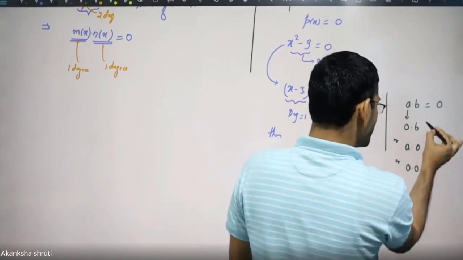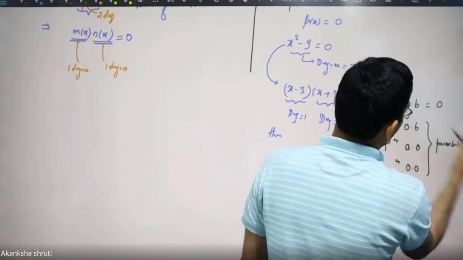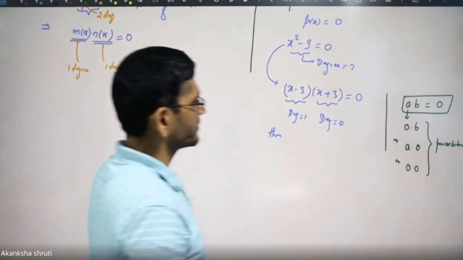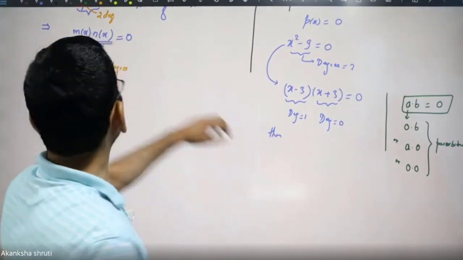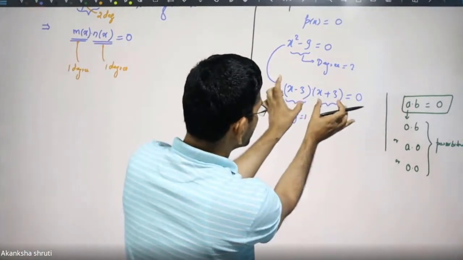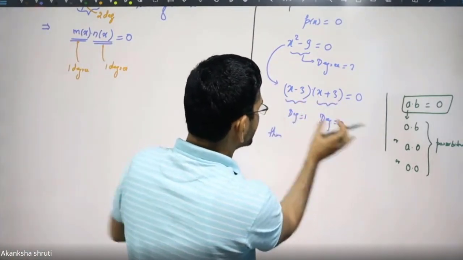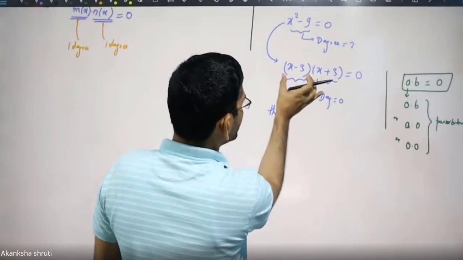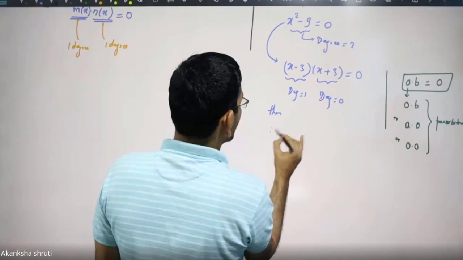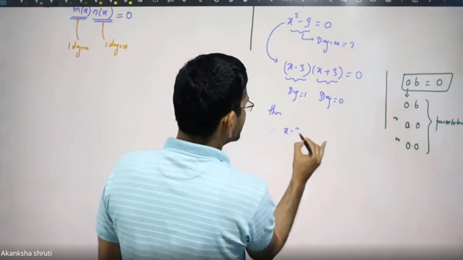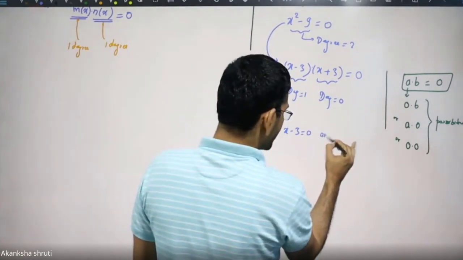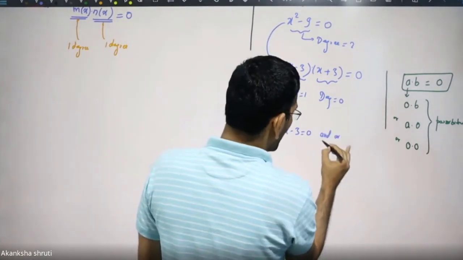So these are the only three possibilities for this equation to be satisfied. That concept is used here. Therefore, each of these linear polynomials is equated to 0. So, x minus 3 is equated to 0. You may write 'and' or 'or' here, both are okay.